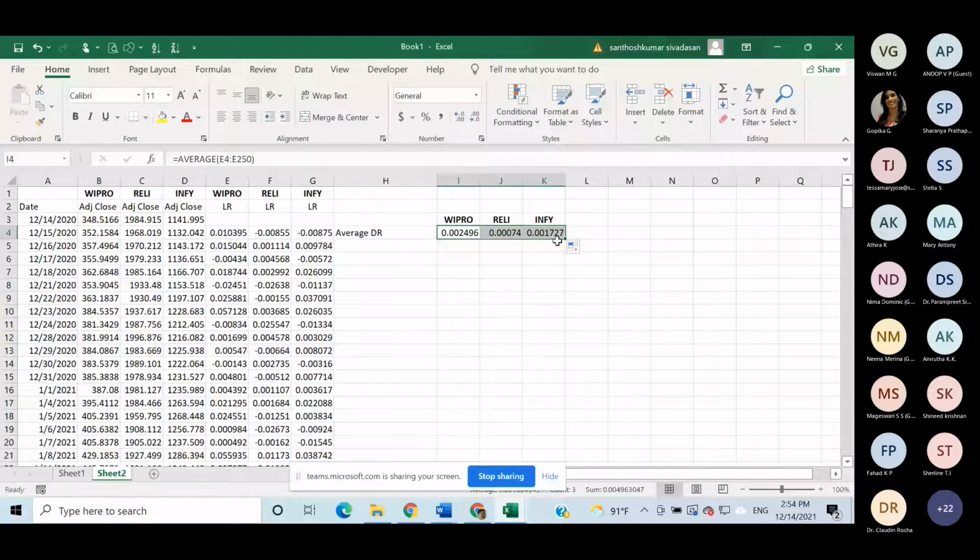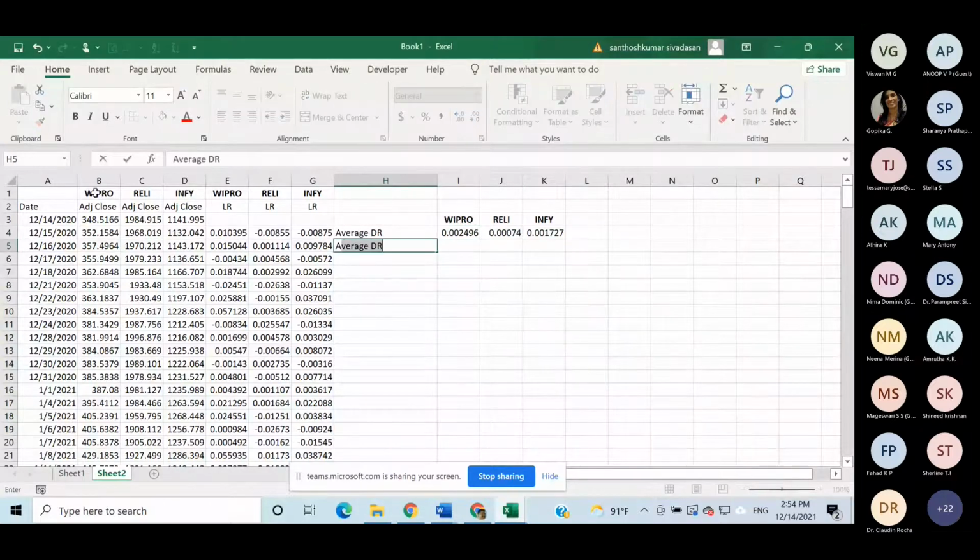So from this, you can find the annual return. How do we annualize it? We know it is equal to bracket 1 plus daily return, bracket close, to the power of 248, minus 1.